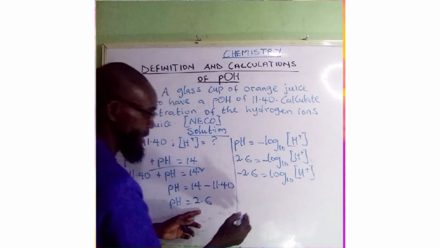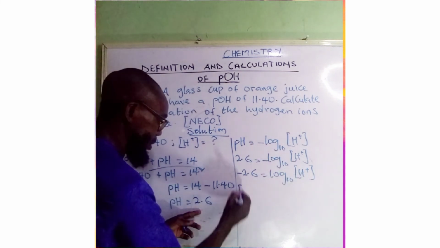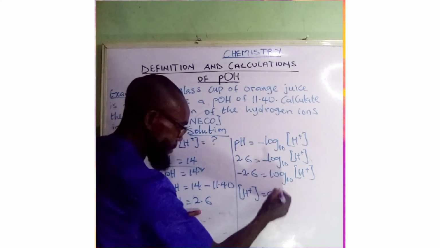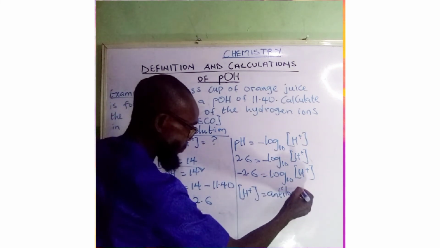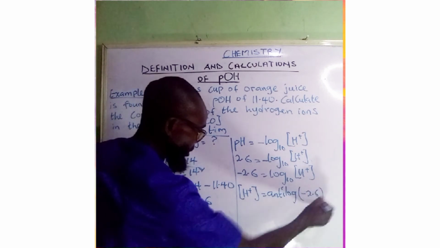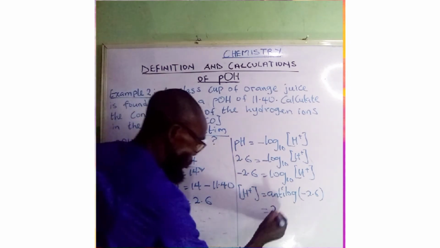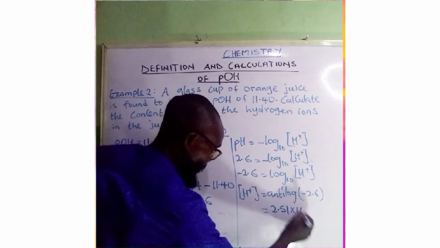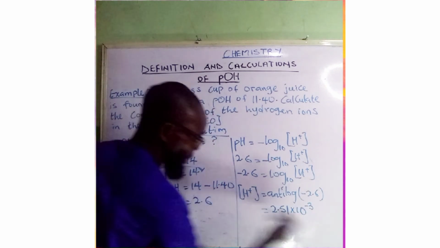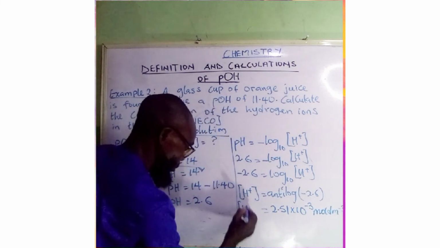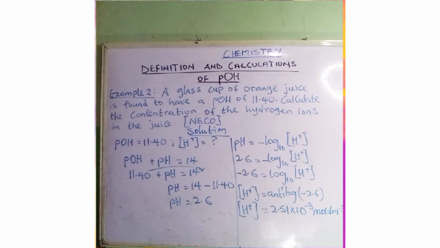So from here, we can now calculate the concentration of the hydrogen ion to be equal to the antilogarithm of minus 2.6. When you take your calculator and press antilogarithm, it gives 2.51 times 10 raised to the power minus 3, since the concentration is going to be in mole per dm cube. So that is the concentration of hydrogen ion in this solution.